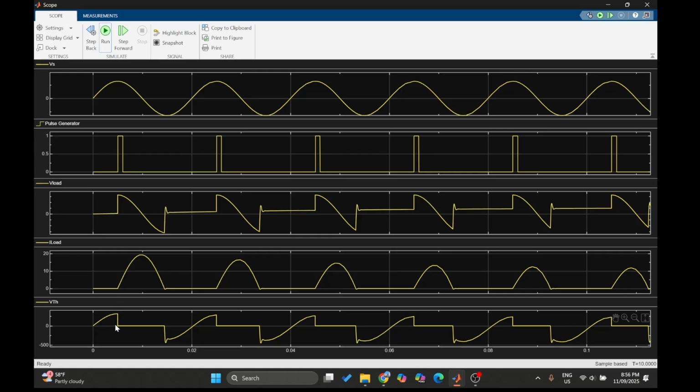Once it starts conducting, the voltage across the thyristor is 0, and when it is reverse biased it experiences a negative voltage. Then till it starts ramping up at the positive half cycle, it experiences positive voltage. Again it starts conducting, therefore its voltage is 0, and it repeats.